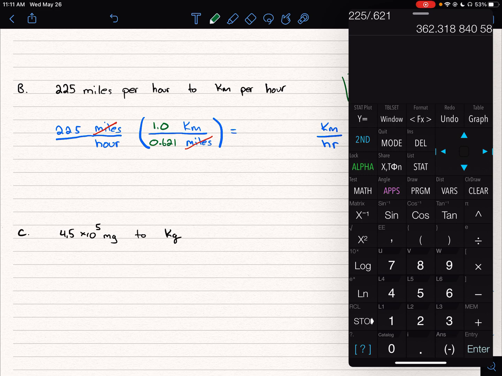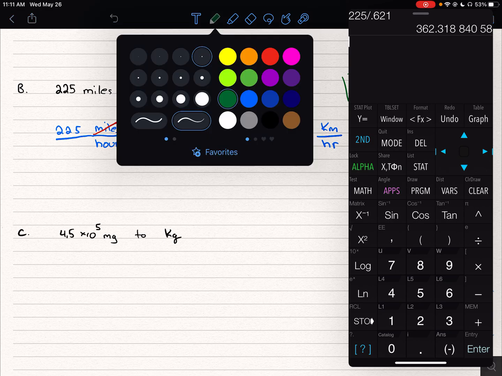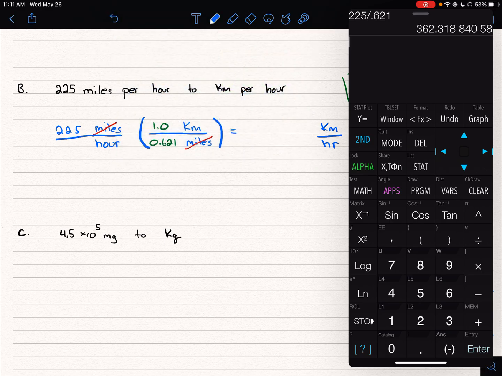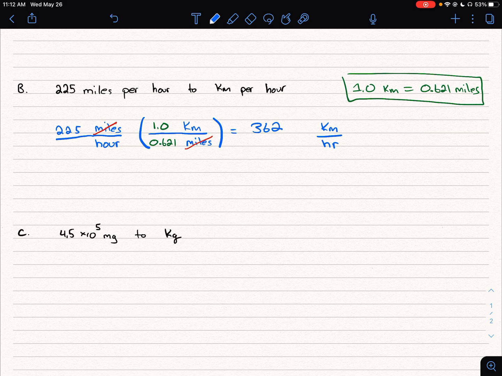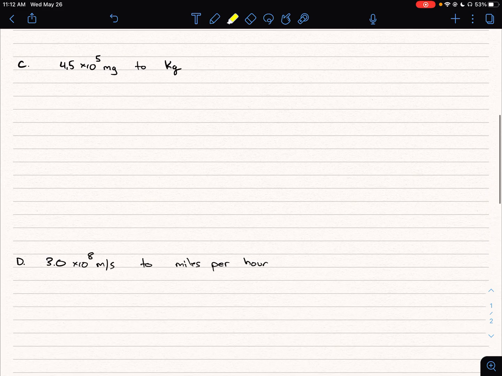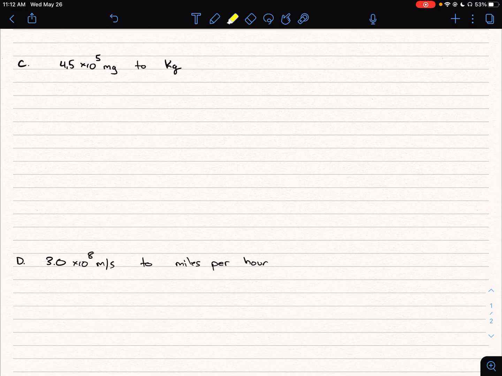Again, watch your sig figs. We have 3 sig figs in this problem, so I'm going to round that for a final answer to 362 kilometers per hour. All right, so there's the value, and here's our units. We can go on to number 3.